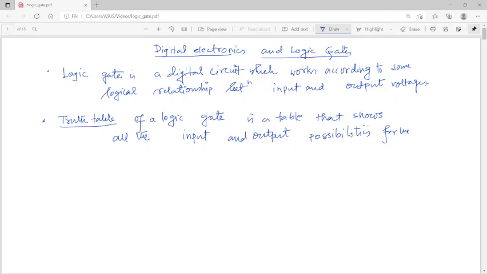We will see what a truth table means, because in your normal class 12 question paper, they will ask you to write the truth table corresponding to the logic gates.